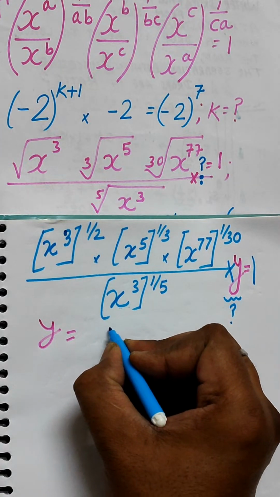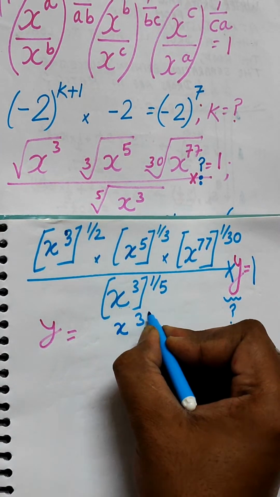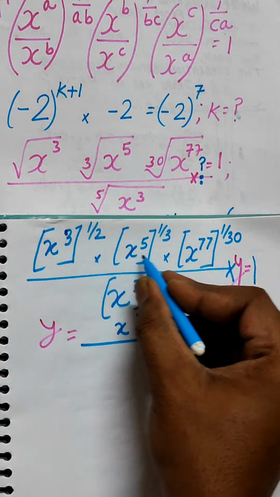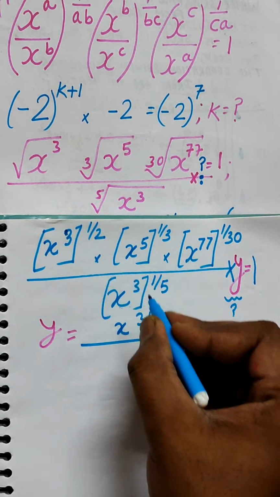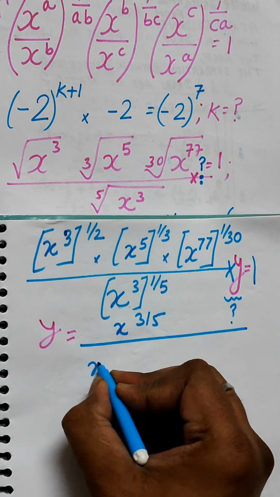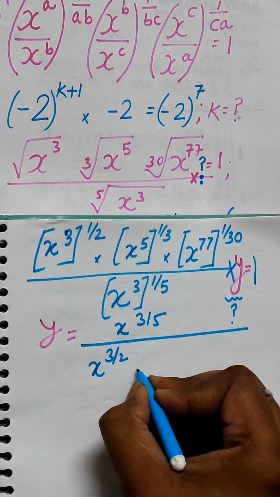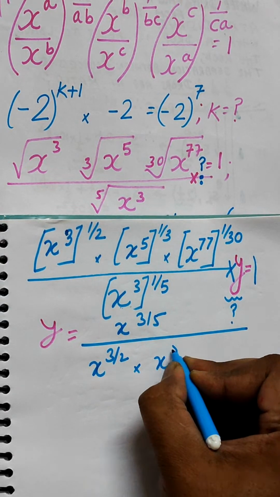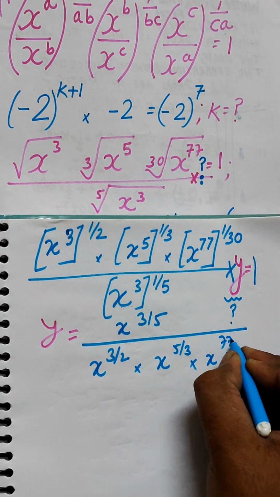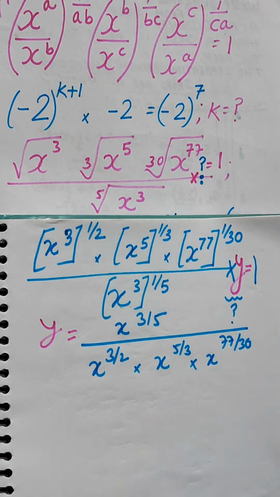So it will be x power 3 by 5 going into the numerator, divided by all these numbers, which come into the denominator. So it will be x power 3 by 2 into x power 5 by 3 into x power 77 by 30.